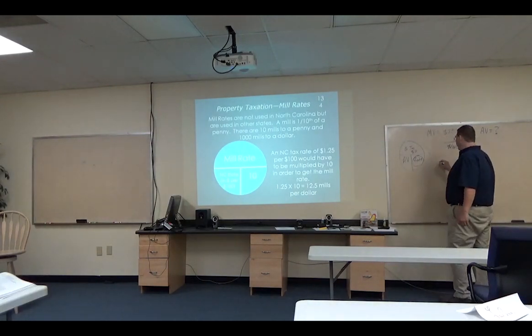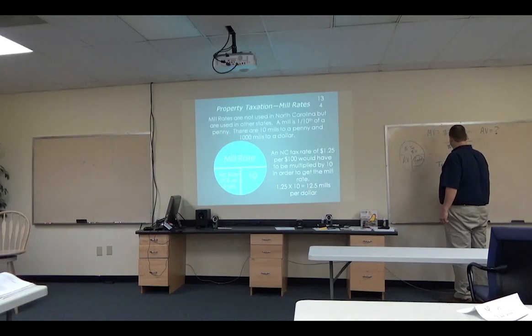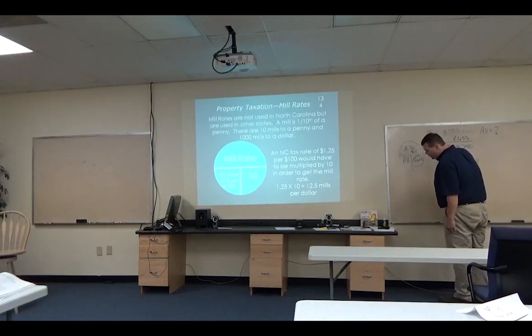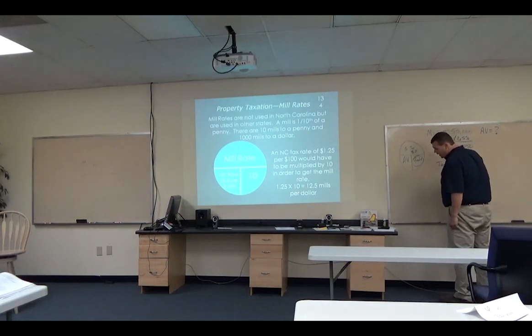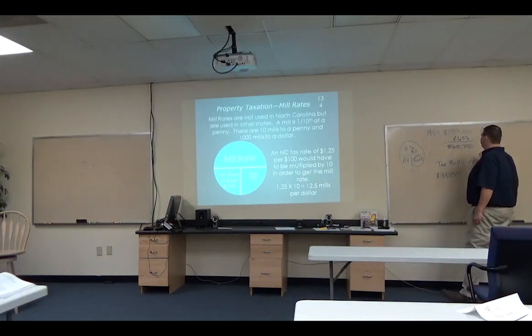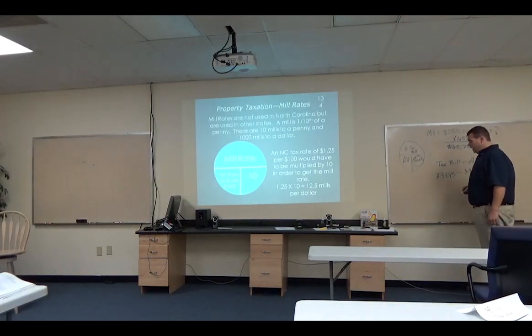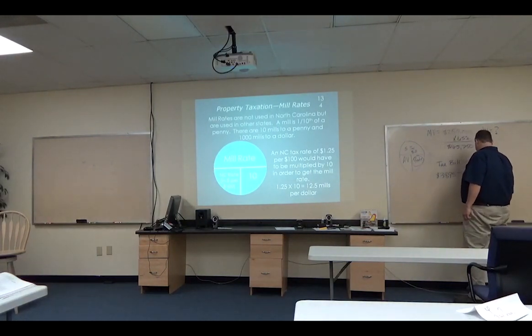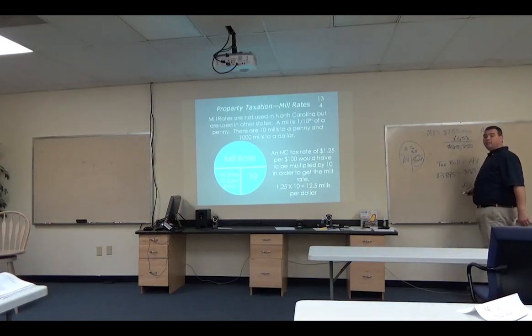So I know I need tax bill divided by assessed value. And they gave me a tax bill of $38.95 annually, divided by my assessed value of $165,750, right? And I come up with 0.02349, I think, without rounding.